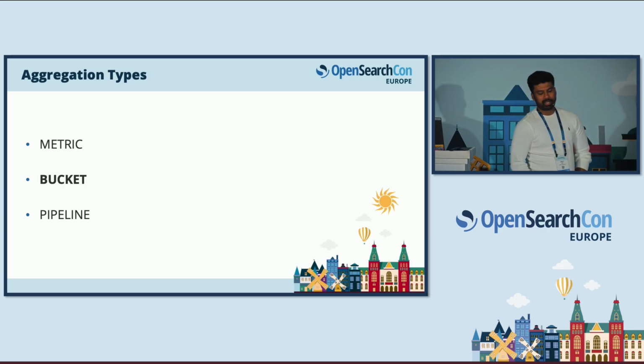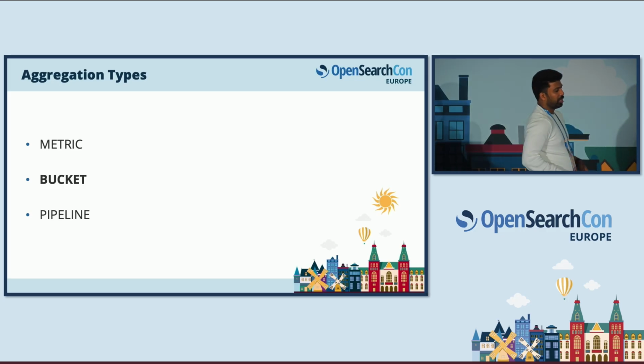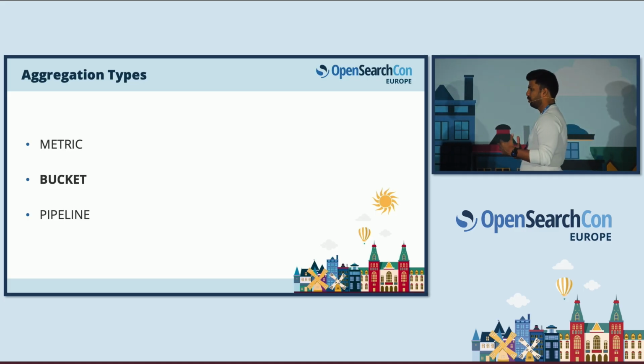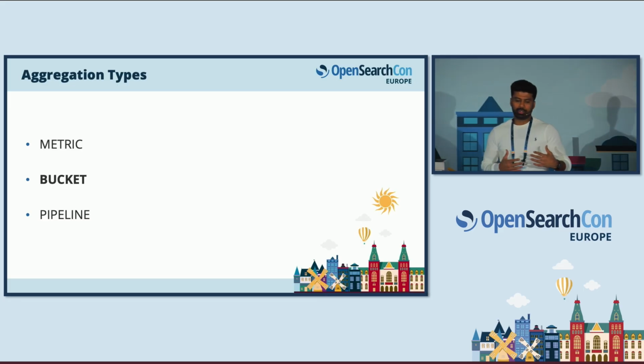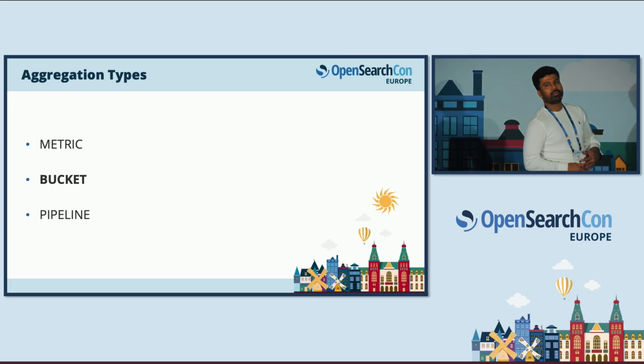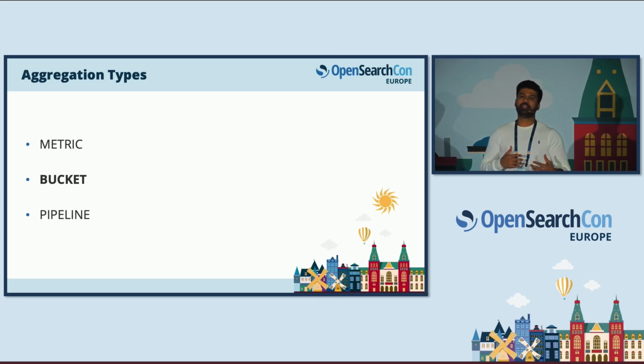And we have the pipeline aggregation, which can be used to combine multiple aggregations together, where the output of one aggregation is used as input to the other aggregation. Very similar to the pipe operator that we have in shell.